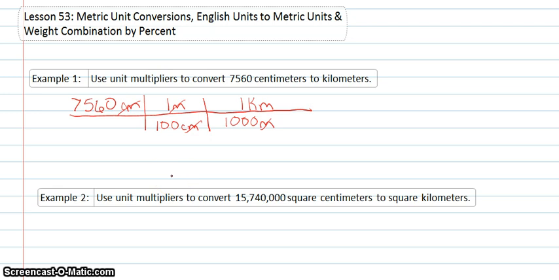But if you needed to keep going, you would divide 7,560 by 100 and by 1,000. Or you could multiply the 100 and the 1,000 to get 100,000 and divide that into 7,560. Your choice.